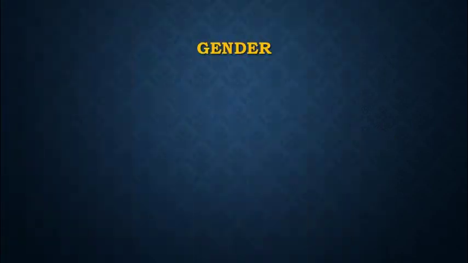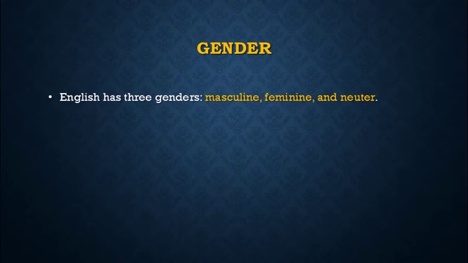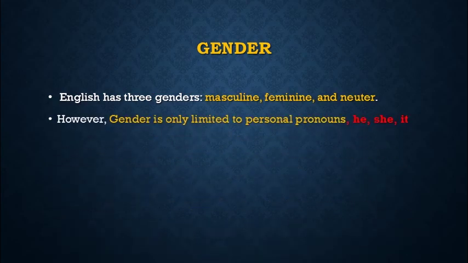Okay, so talking about gender, we have three genders in English: masculine, feminine, and neuter. However, gender in English is only limited to personal pronouns, which means that you cannot determine from the word form whether it is masculine or feminine.